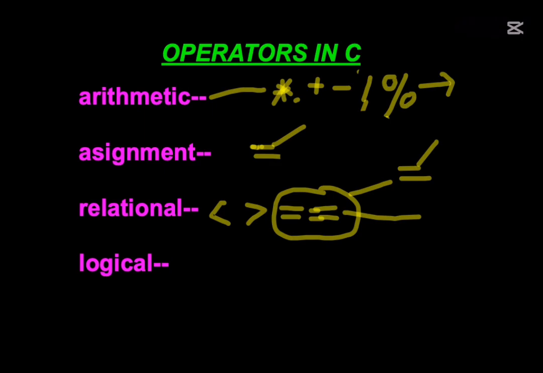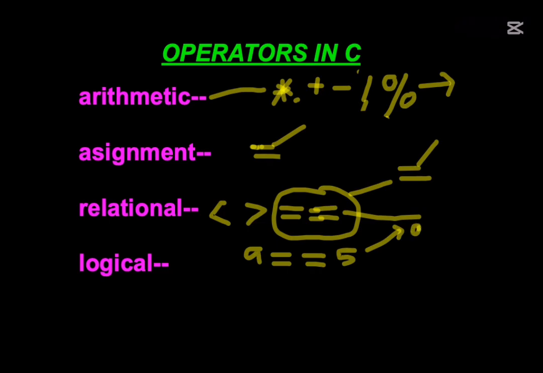So if I say A equal to 5, this actually means I'm trying to say A is 5. That's what it means.